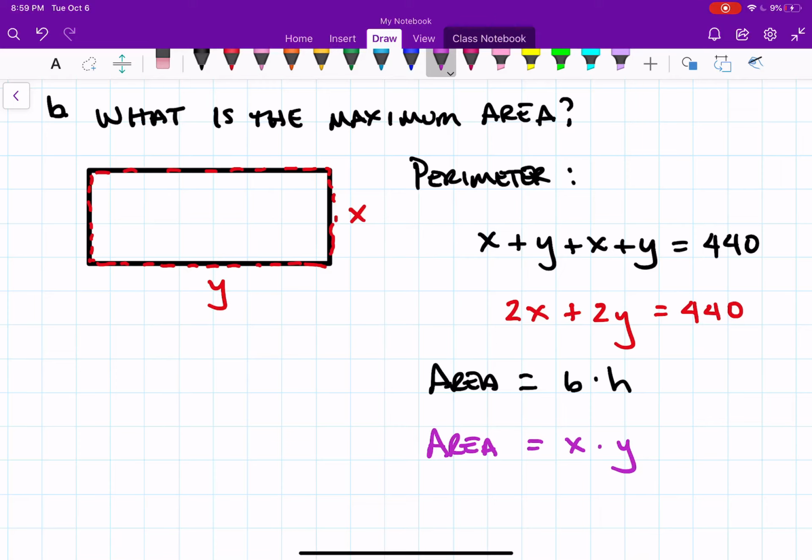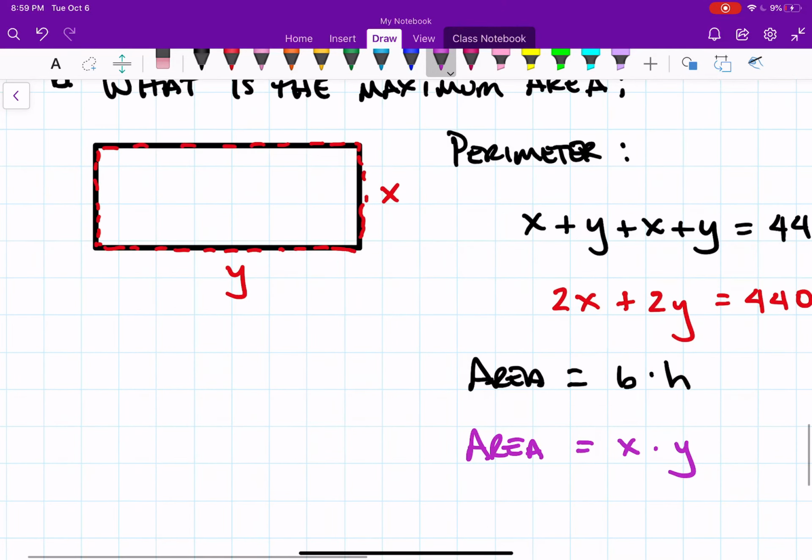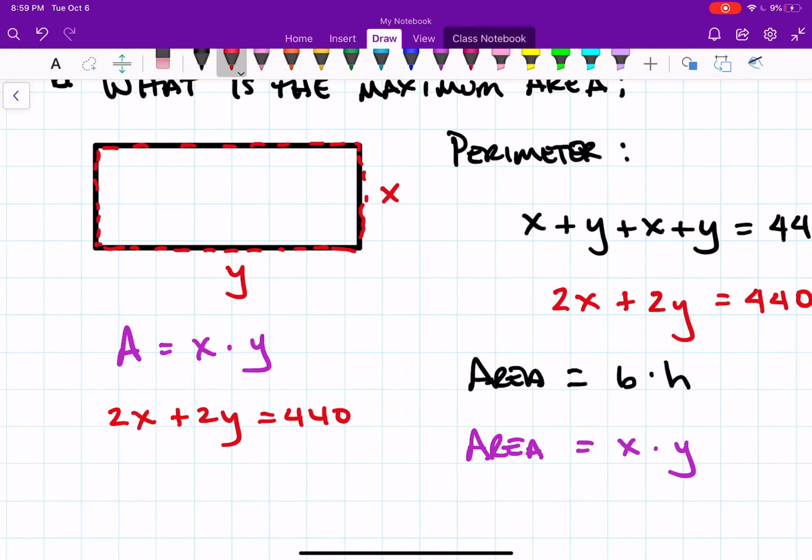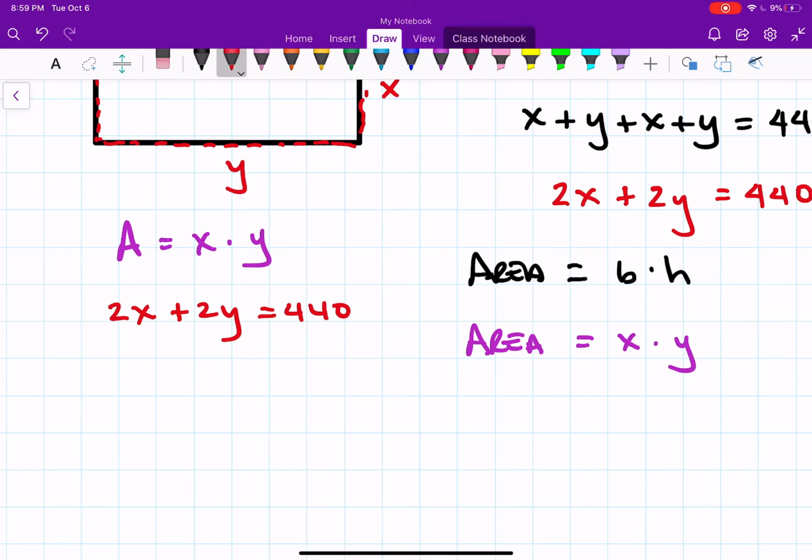So I really have two equations here. My first one is A is equal to x times y. And my second equation says 2x plus 2y equals 440. This looks familiar. Two equations, two unknowns. What should I do? Right? We can't do elimination, but we can do substitution.